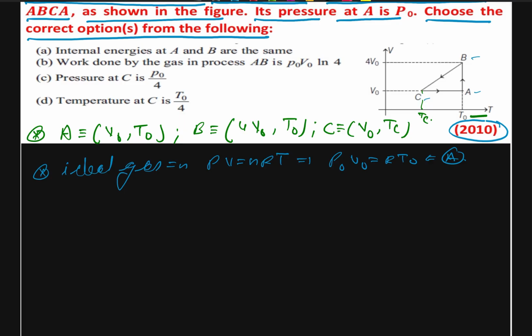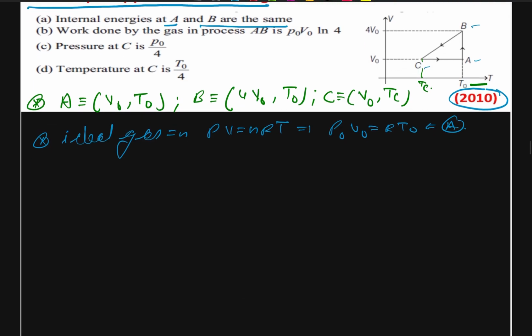Let's check option A, which states internal energy at A and B are same. We know that internal energy is basically temperature dependent, and process A to B is isothermal, so we can say that it is true.